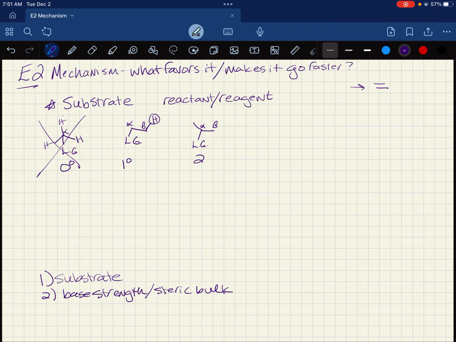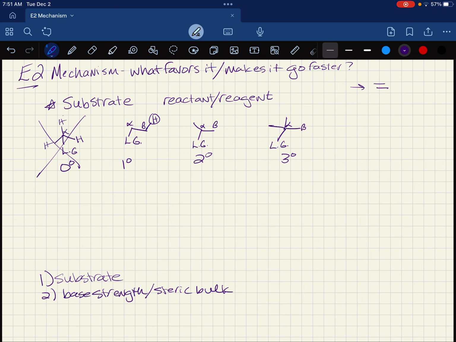I've made this symmetric on purpose so that we don't have to make a regiochemistry decision. We can just choose one of the beta carbon atoms to deprotonate, and they're the same. And then tertiary, again, all the same beta carbon atoms in this situation so that we don't have to make a regiochemical decision.